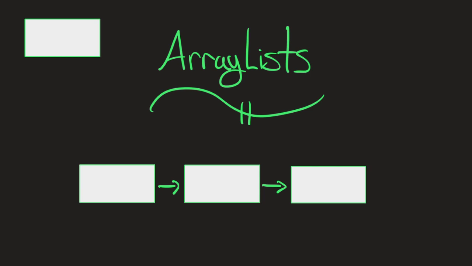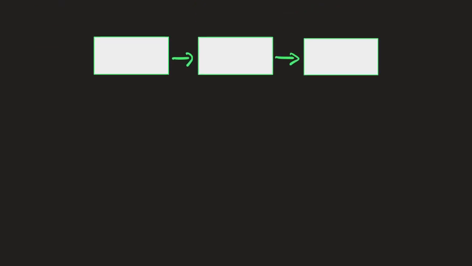So what we are going to be doing is looking a little bit at how that works. When we're looking at an array list, we're still looking at indices of offset from the beginning of the array list. So we know that this will be the element at index 0, index 1, and index 2. We're still going to find that the size or length of the array is equal to the number of elements.